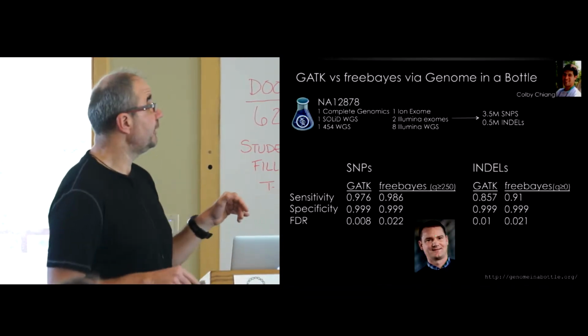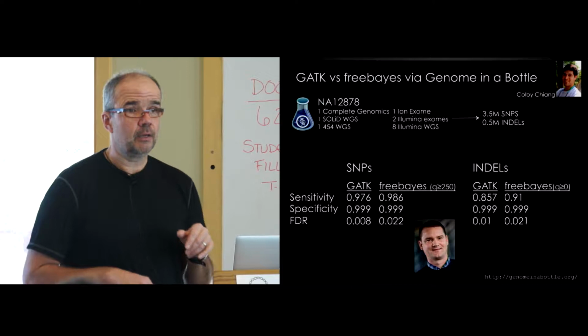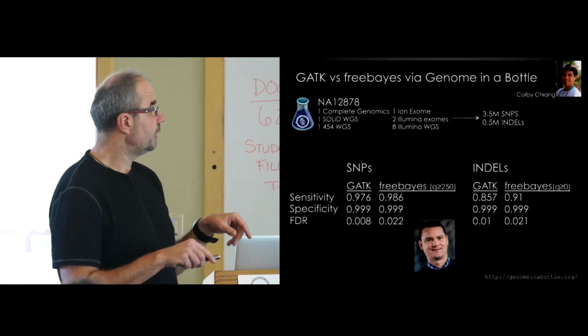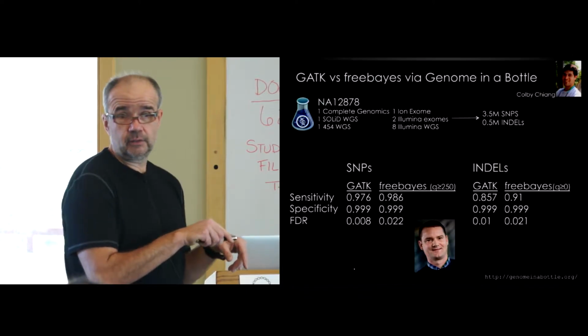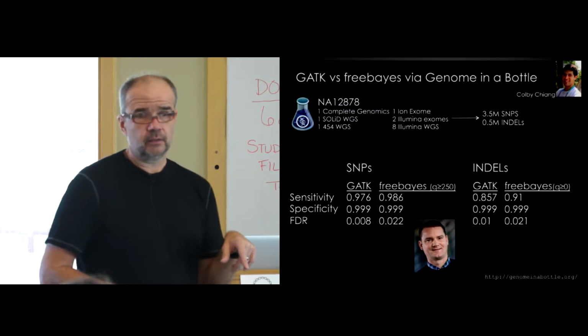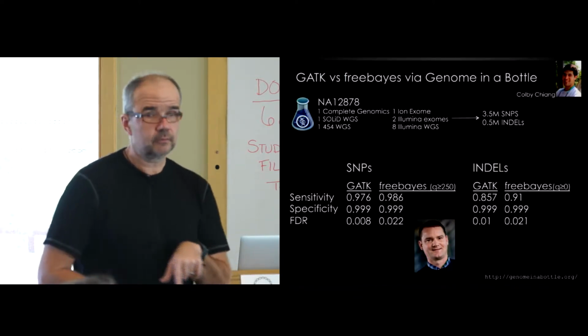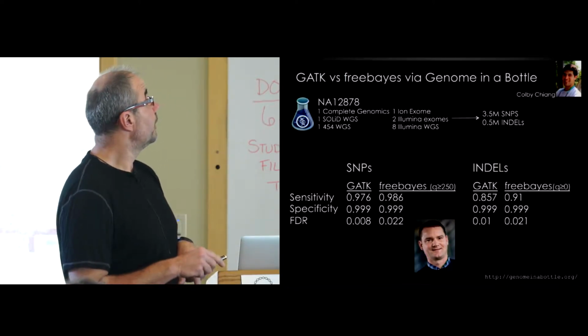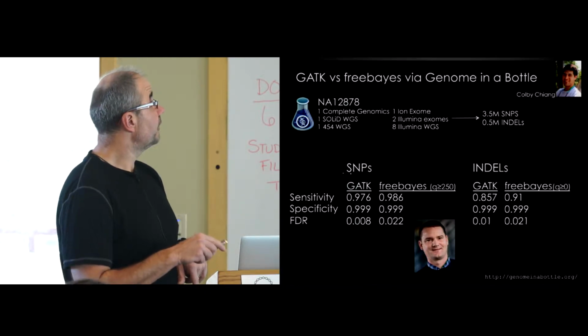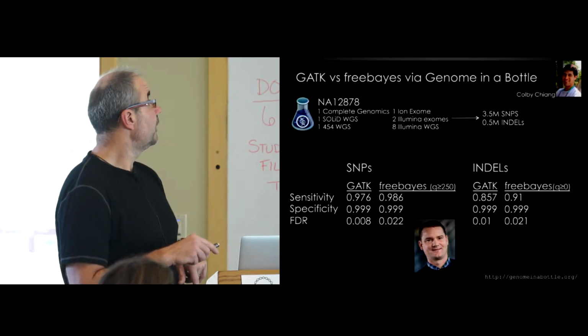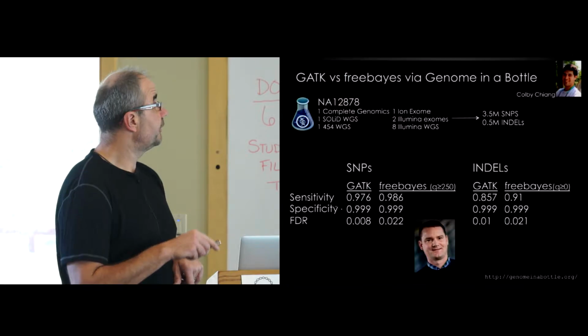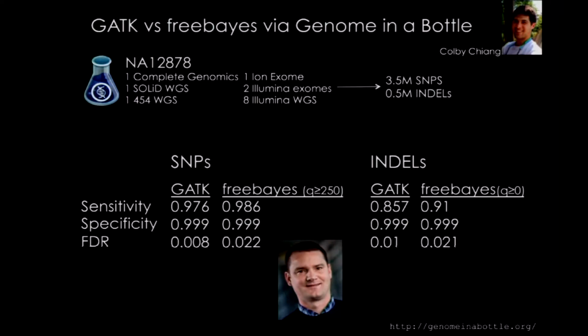And this comes out of a recently published paper with Ira Hall and Aaron Quinlan, who talked yesterday, and he's going to be teaching more in this course. The idea is that for single nucleotide polymorphisms, your sensitivity is close to 99%, 98, 99%.